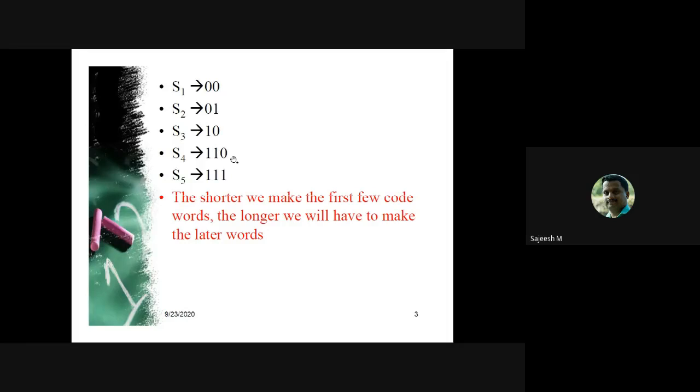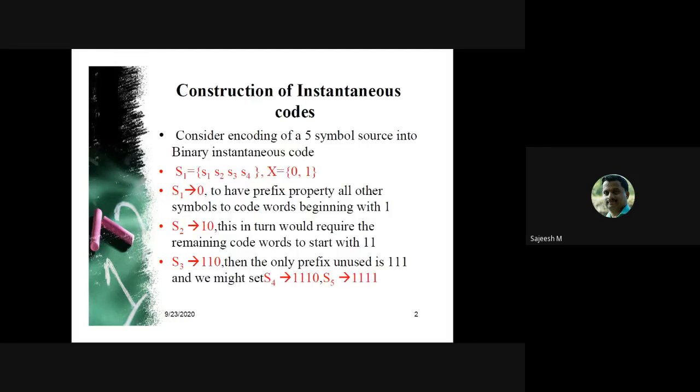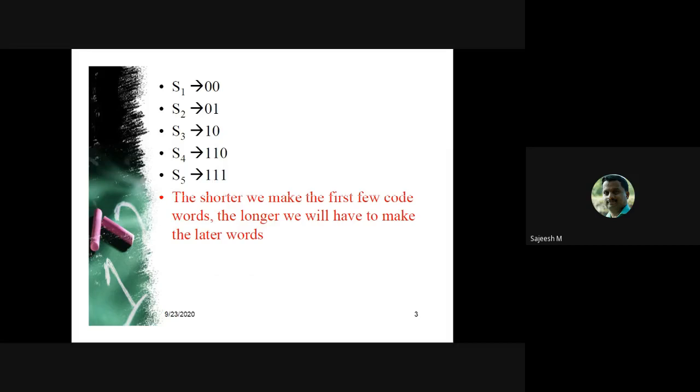And in this we can see, the shorter we make the first few code words, the longer we will have to make the later words. You can see this in the first example: 0 is the first code word, then the fourth and the fifth code words have 4 bits. Here we are assigning a 2-bit code word for the first symbol, then finally we got 3-bit code words for the fourth and fifth symbols, that is S4 and S5.